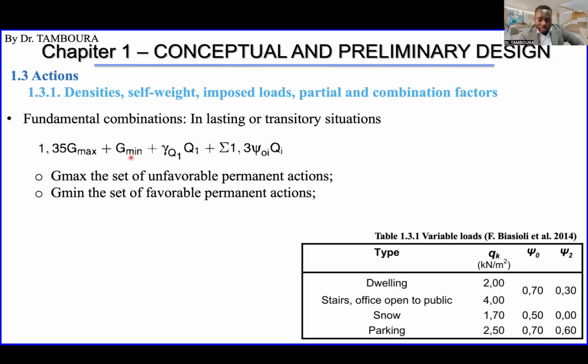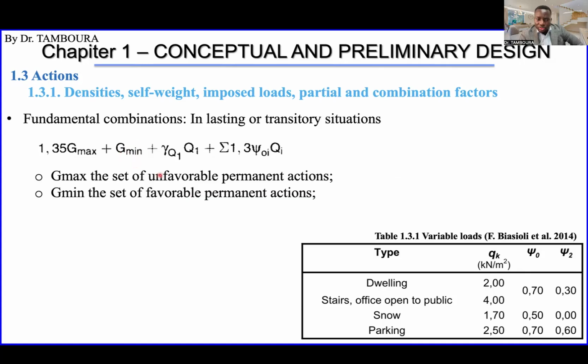G minimum is for the case of a favorable and permanent action. It is permanent, not variable, but it's not non-favorable, it's a favorable action. So this is in this case.